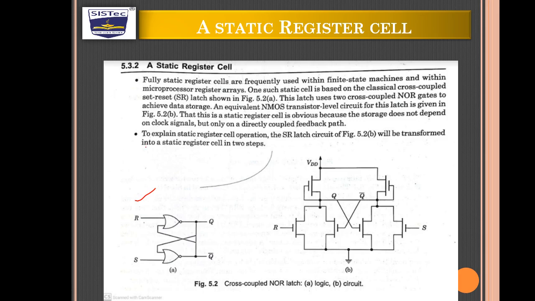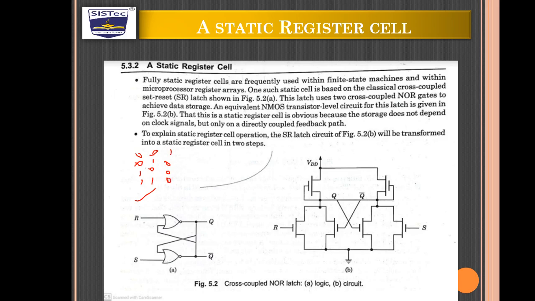So what is the truth table of NOR? 0 0 gives 1, and the others give 0. It is the complement of the OR truth table: if any input goes high, the output is 0, so NOR is 1 only when both inputs are 0.